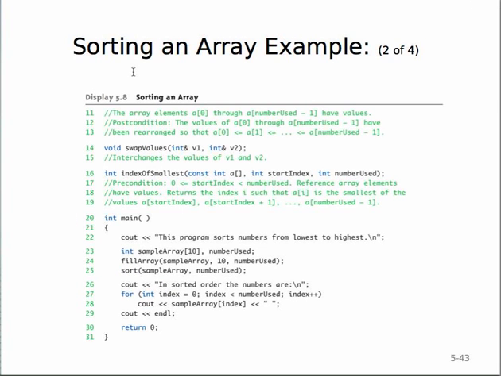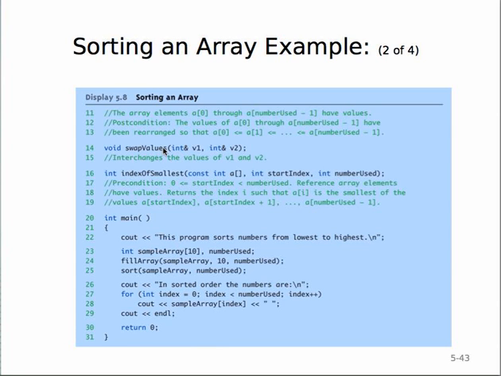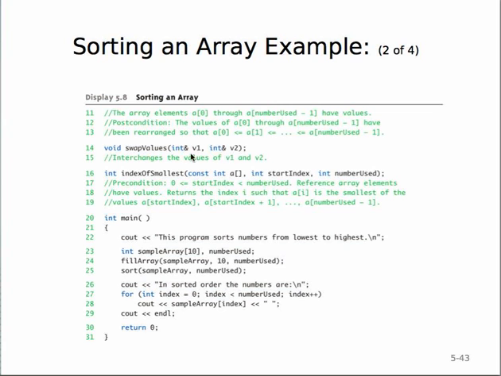A couple of things that I want to point out: if you use selection sort, it's very handy to be able to swap values in an array. So take the contents of array location I and swap it with the contents of array location J. If you're going to do that a lot, it's nice to have a function like this which uses pass by reference.